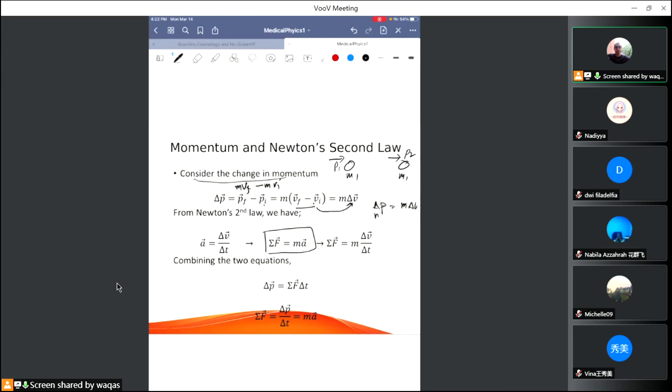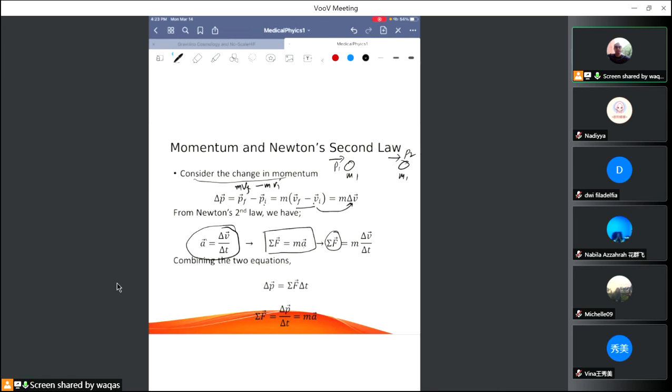Here we can use a different definition. You know that acceleration is the change in velocity divided by time, and we can use this definition here.